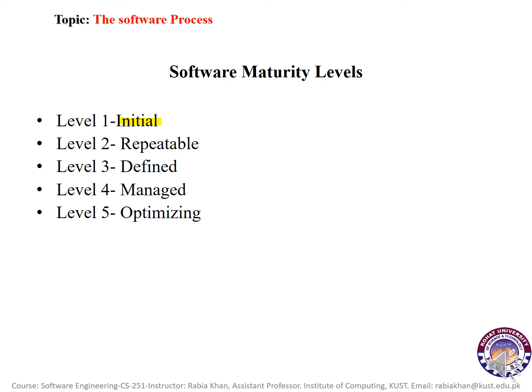The second level is then repeatable. When the software organization gains maturity, it brings stability to its software development process. So now the ad hoc manner of working has changed to a proper repeatable manner.